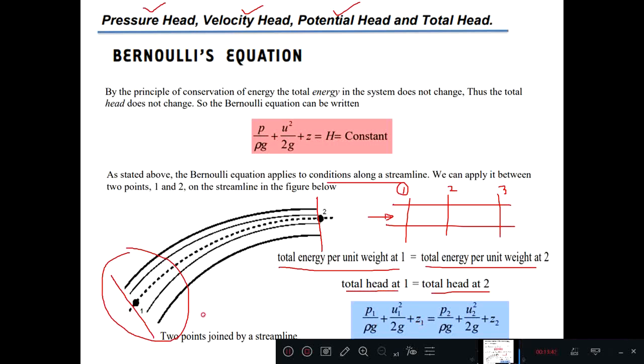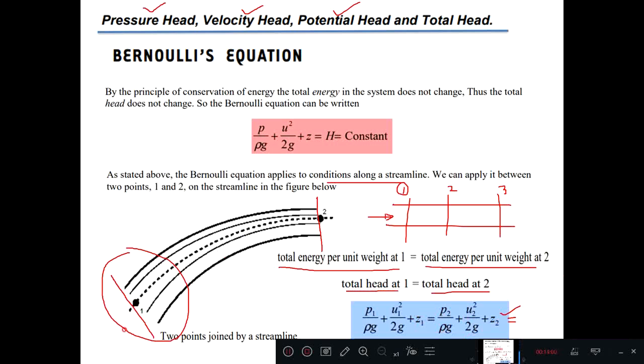Similarly at section 2, P2 by rho G plus U2 square by 2G plus Z2. Suppose one more section is there, you can write P3 by rho G plus U3 square by 2G plus Z3, like that it goes.